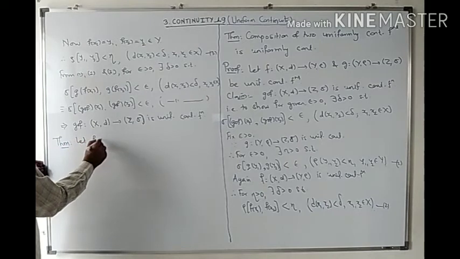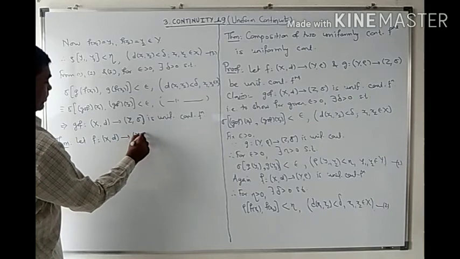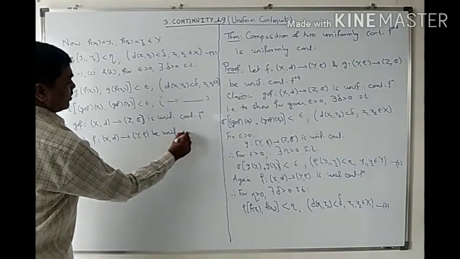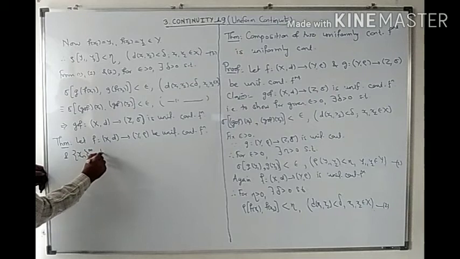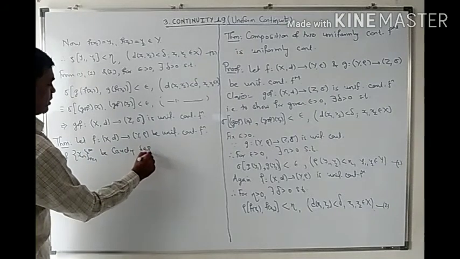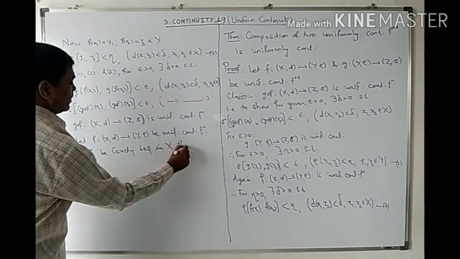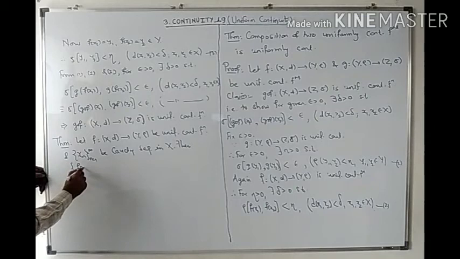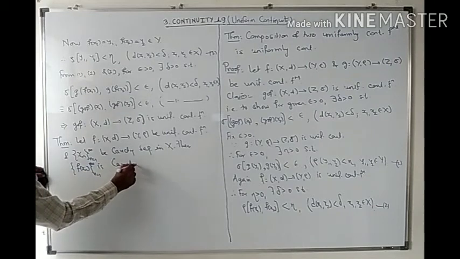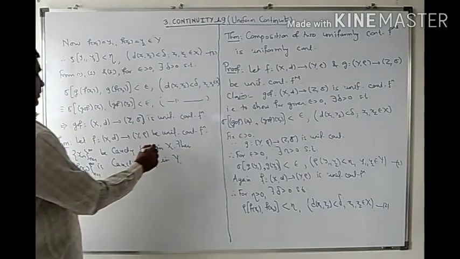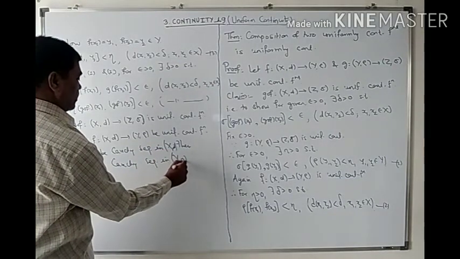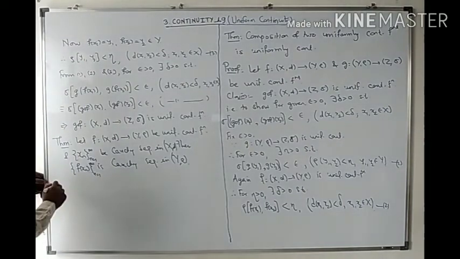Let f from metric space (X, d) to (Y, rho) be a uniformly continuous function and (xn) be a Cauchy sequence in X. Then f of xn, n equal to 1 to infinity, is a Cauchy sequence in Y. So, prove.